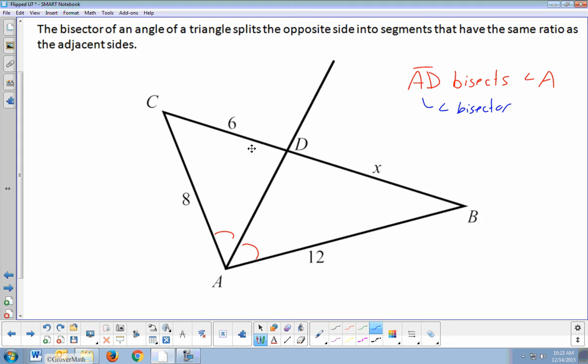So it splits the opposite side, CB, into segments that have the same ratio as the adjacent sides of angle A. So we can say that 6 over x, let me do both circles, 6 over x is proportionate to 8 over 12.